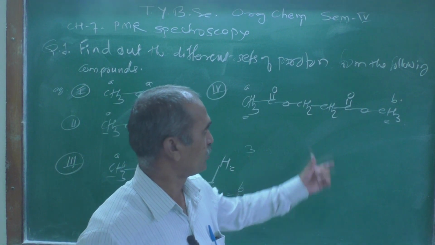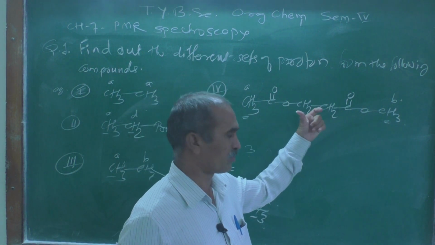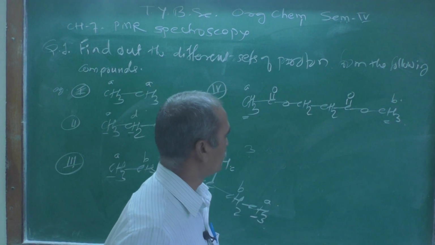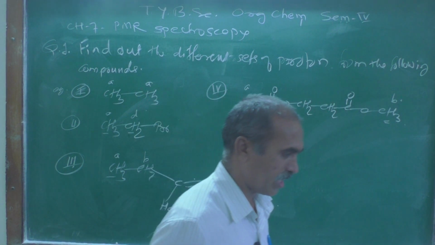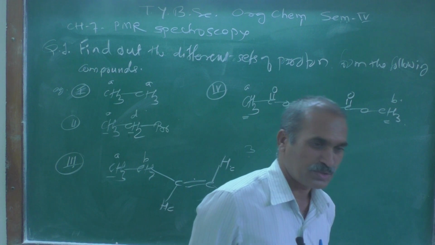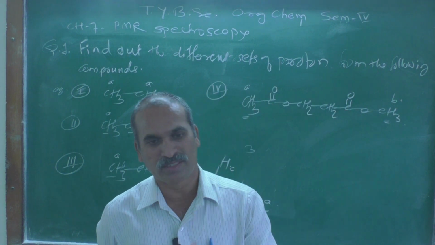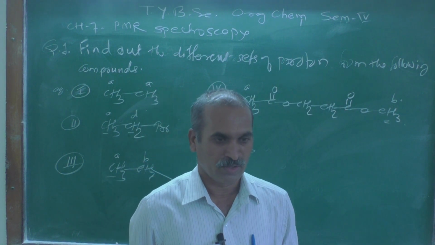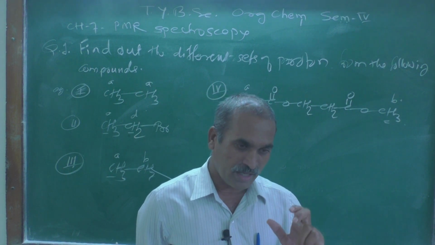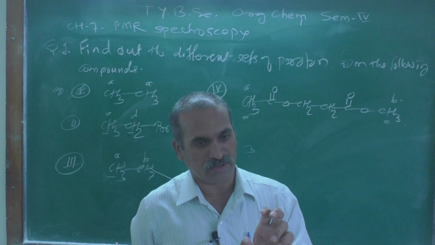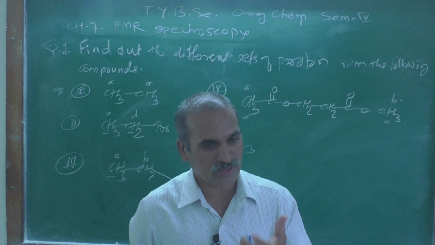Same thing, look closely over here at these two methylene groups, not methyl, CH2, CH2. Once again you tell me whether these two methylene groups are identical or different. What do you think?